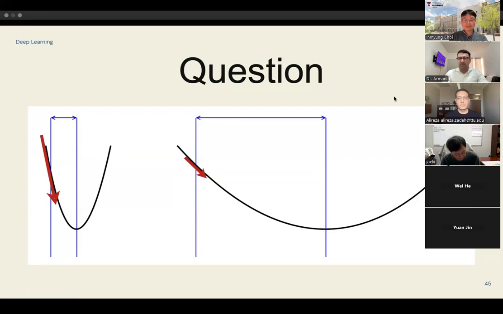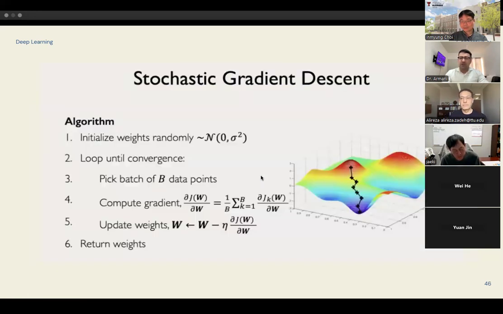So the reason that we do it proportional to the partial derivative is that we usually have many parameters, and the partial derivatives give us the direction towards the minimum in the space. We calculate the partial derivatives to find the direction towards the minimum point.